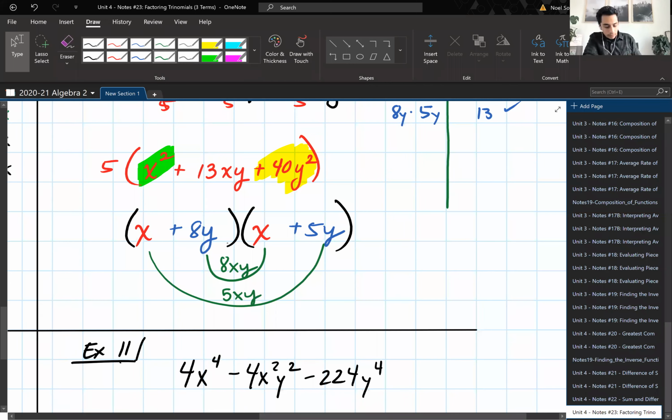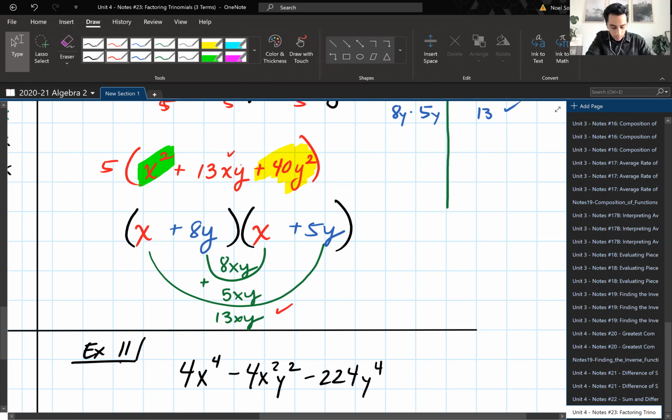So multiplying them is what's going to allow you to get that term xy. So it's 8xy plus 5xy. So guess what? We arrive at the 13xy. We're allowed to add them because they're like terms. They both have xy, so we can combine them. Okay, so this checks out.